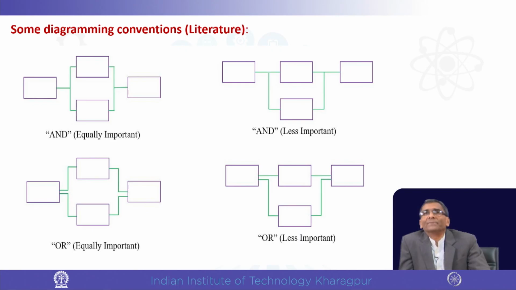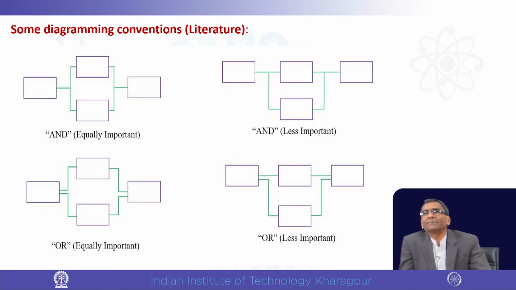Before the diagramming part is concluded, I will just say that there are certain conventions that are preferably followed. These are how to present if the two functions are equally important, this and that, then they are put in the way that the two things are connected as if parallelly after a serial connection, and if it is OR, then it is parallel all through.